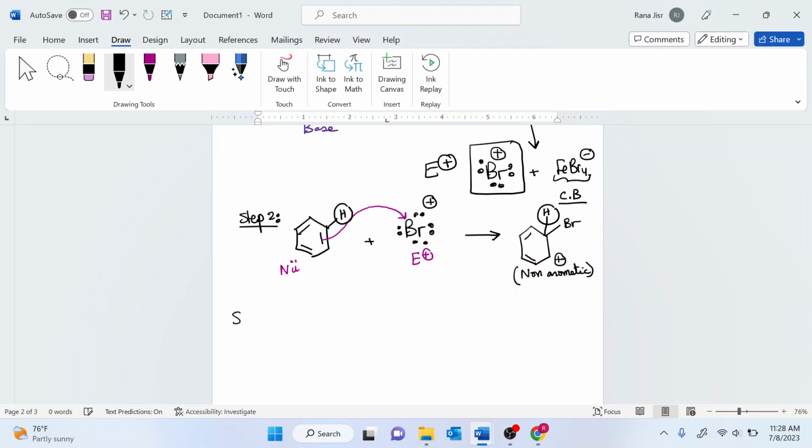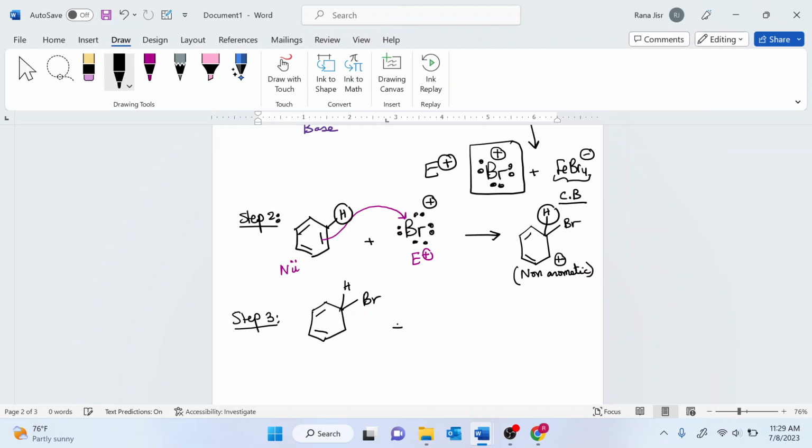Then in step number 3, I'm going to take that intermediate in there. Now in the mechanism, if I ask you, go ahead and write the resonance stabilized intermediate structures, please go ahead and draw them as well. So you have your bromine in there. This is the hydrogen.